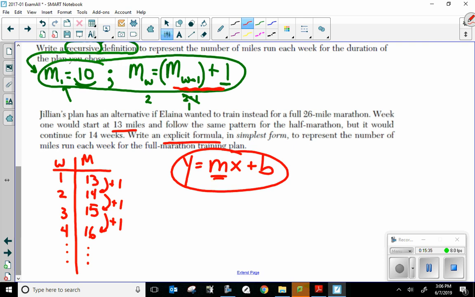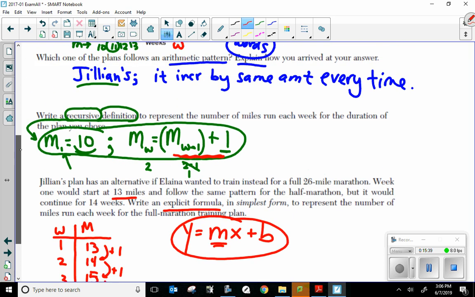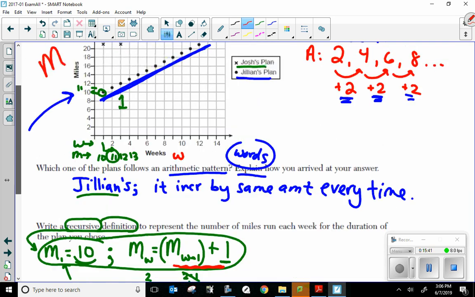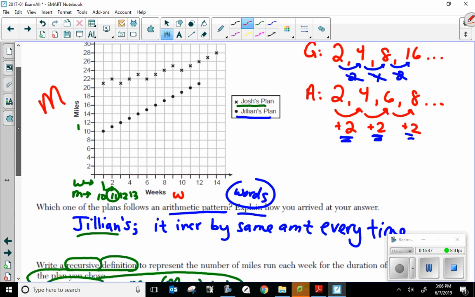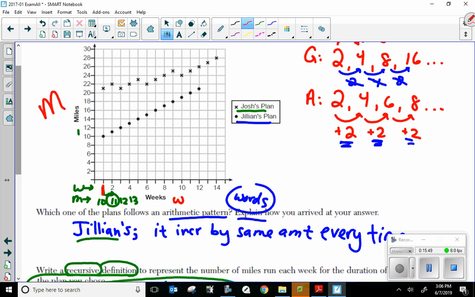I'm going to plot these points that I have here in red, if you don't mind. 1, 13. So let's do this. We're going to go here. At week 1, I'm going to be at 13, which is right in between here. At week 2, I'm going to be at 14. At week 3, I'm going to be at 15.